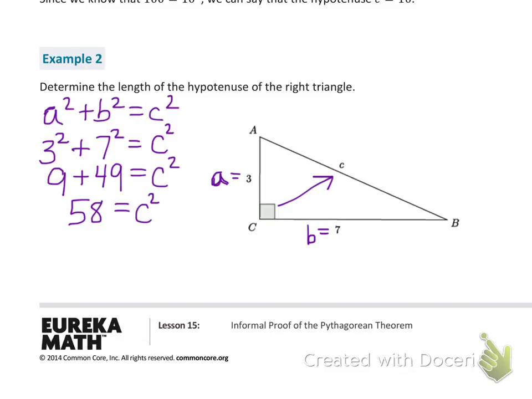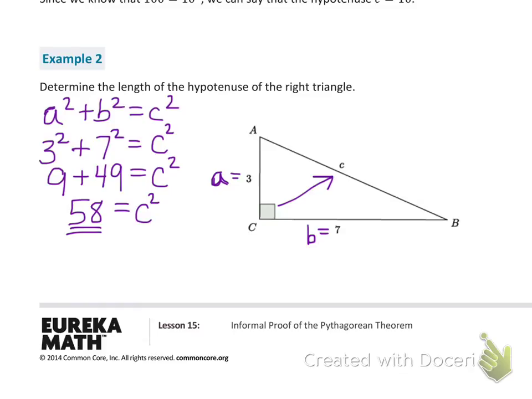All right, so we need to think of a number that we could multiply by itself to get 58. And for 58, there isn't a number that we can find. 7 times 7 would be 49. The next number up, 8 times 8, would be 64.